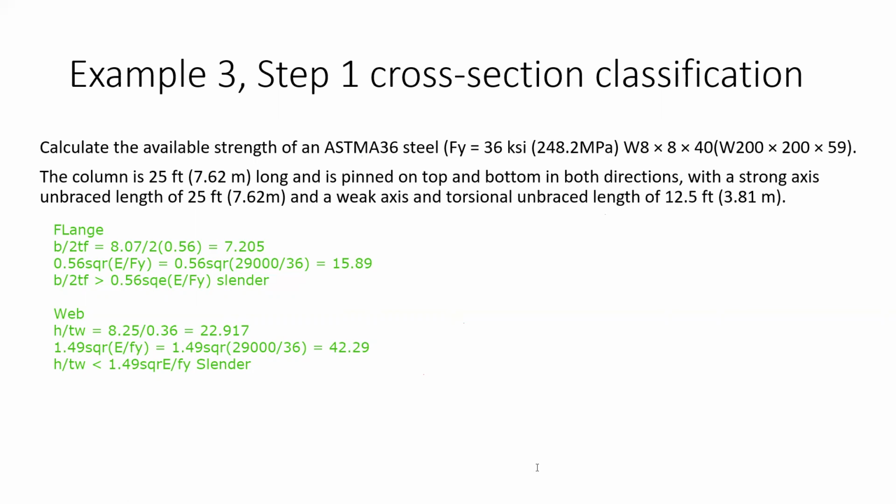So SR is equal to KLX over RX. This is for your major axis. And you have your slenderness ratio along the minor axis. That would be KLY over RY.